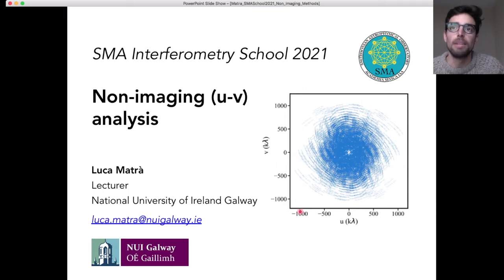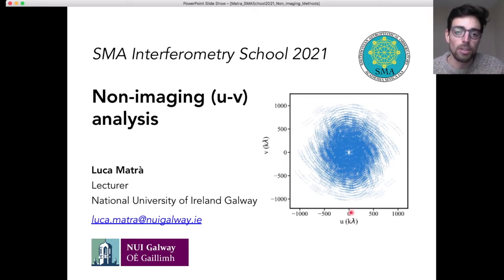So basically this is a map of Fourier space in U and V coordinates. So the U and V coordinates are measured in units of, so this is probably a recap, you've probably seen this before in the lectures, but just to make sure. So U and V are the UV coordinates in units of kilolambda, i.e. thousands of wavelengths.